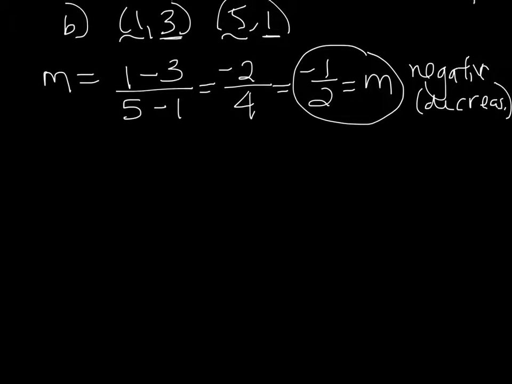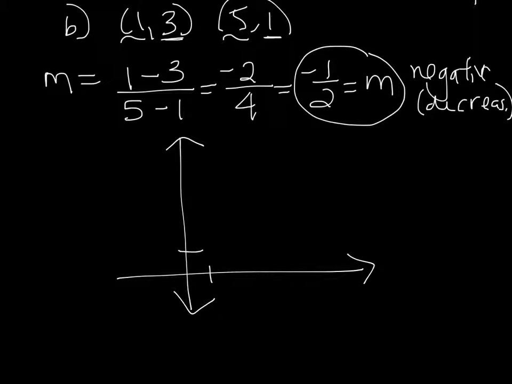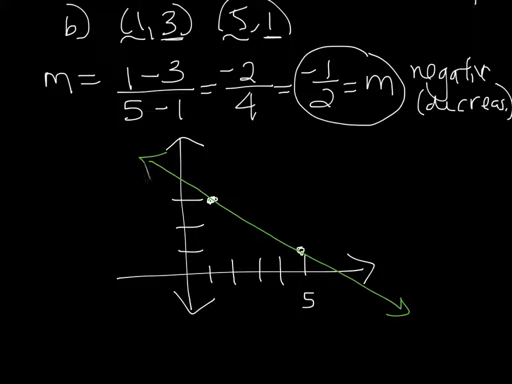Again, you don't have to sketch it, but it doesn't hurt to confirm your answer. So (1, 3) and (5, 1). If we connect the dots, pretend I'm using a nice straight edge, the line's decreasing. If you're standing right here on a skateboard, from left to right, that's how we read graphs, you're falling down.